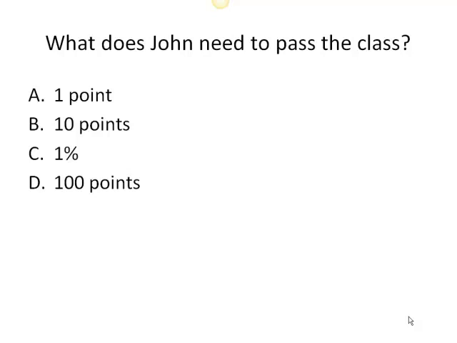Answer C provides you with the answer of 1%. So answers B and C are equivalent, but they are expressed in different forms. So both of them will be acceptable, but you have to express them in the right context.